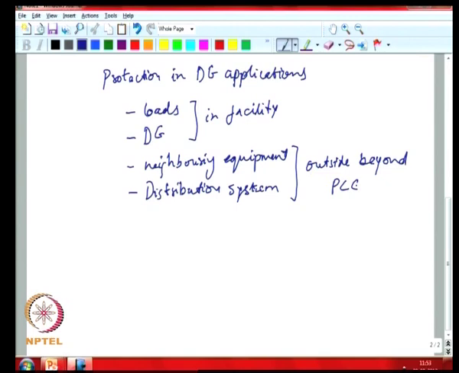So, your protection is not just behind your point of common coupling, it is also upstream of the point of common coupling, and when you are incorporating a source you need to ensure that the protection is adequately accomplished. And when discussing protection, we need to identify zones of protection.